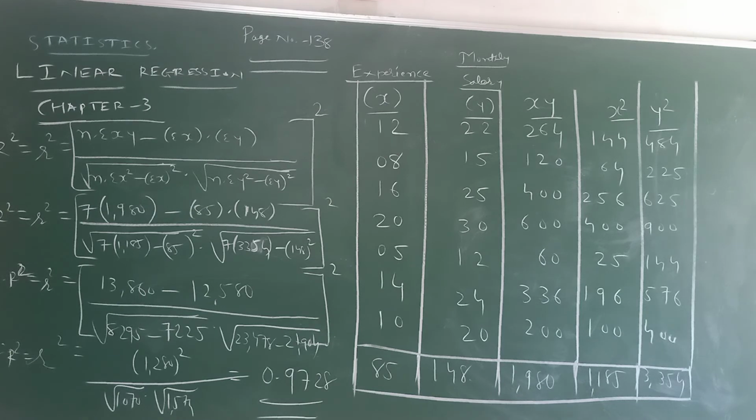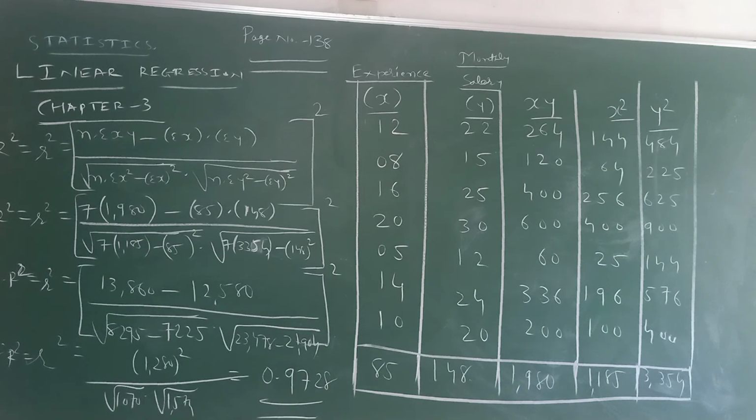So we can write that the linearity assumption of regression between the years of experience and the monthly salary is valid here. So this is the practice sum for coefficient of determination.